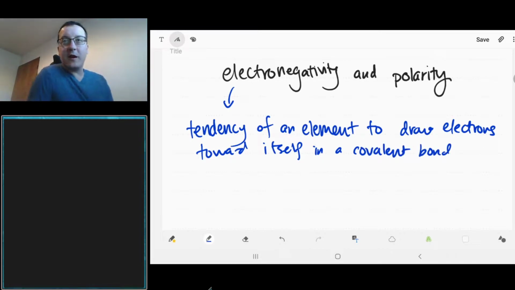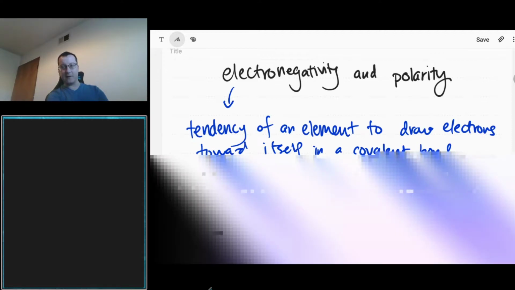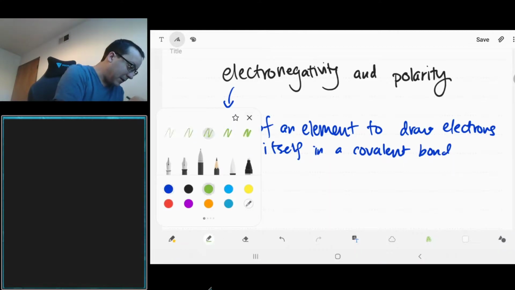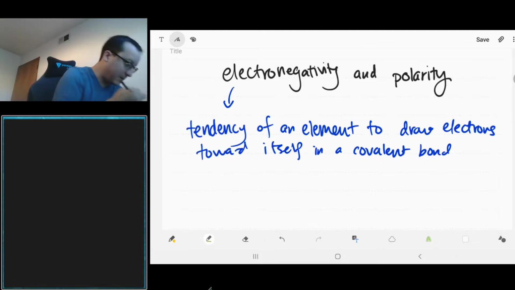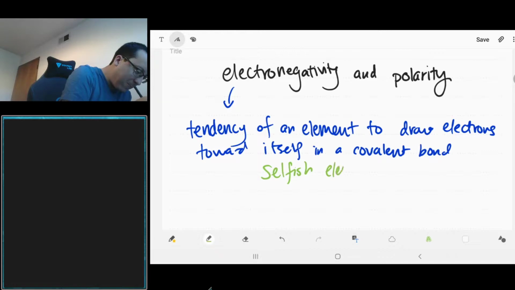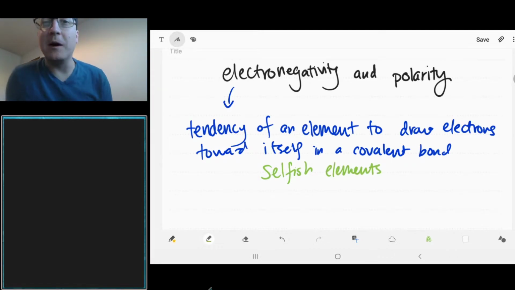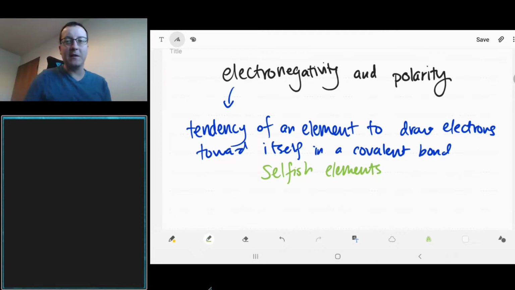So that is more of a formal science definition, but we can think about it this way also. These ones could be what you might think of as selfish elements, meaning they want the electrons for themselves, they don't want to share. And so we have already kind of talked about some trends in the periodic table.